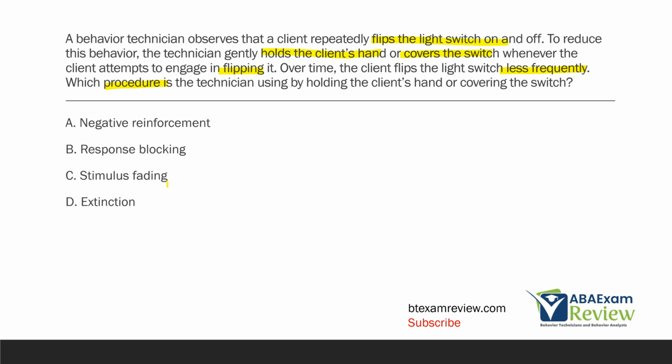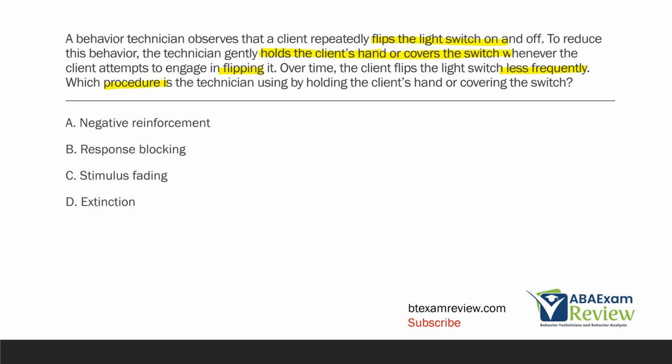Now, if we look at D, extinction, why isn't this extinction? For extinction to occur, the response has to take place and then reinforcement must be withheld. We are not allowing the response to even happen. The client is not flipping the light switch on and off because we're blocking them from actually engaging in the response.